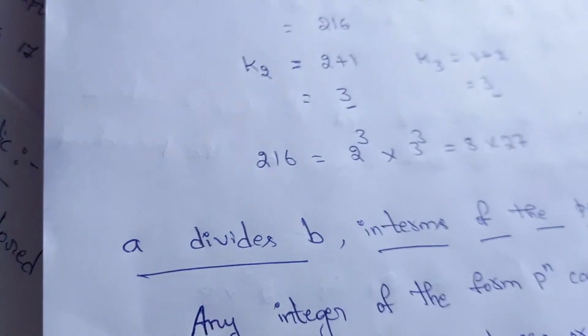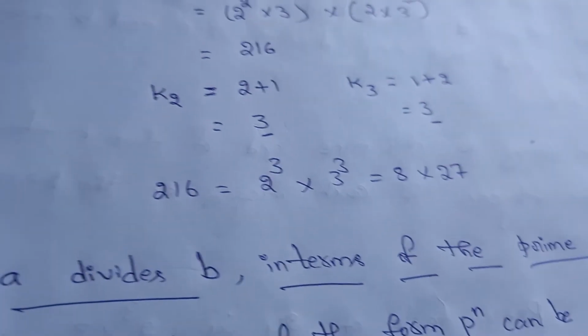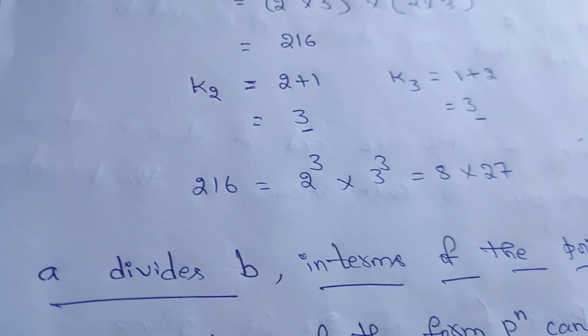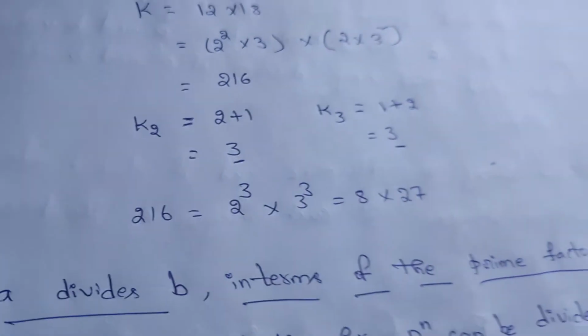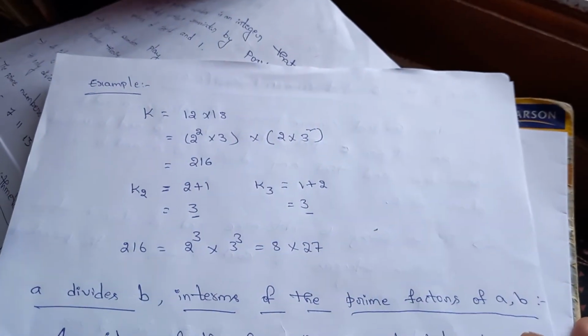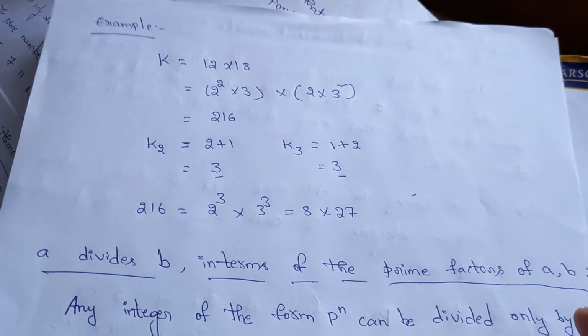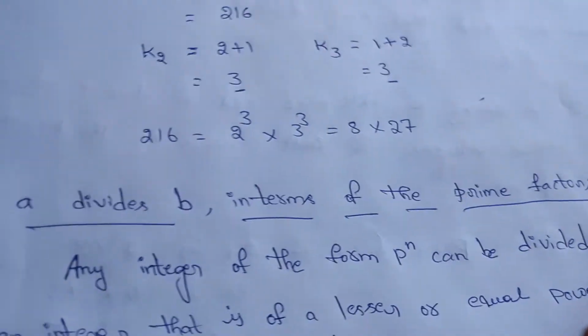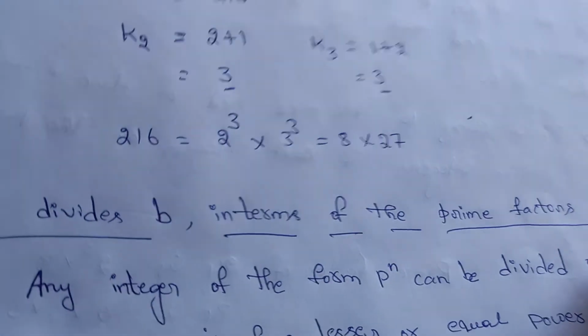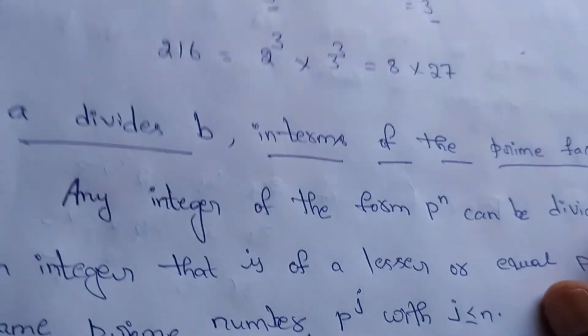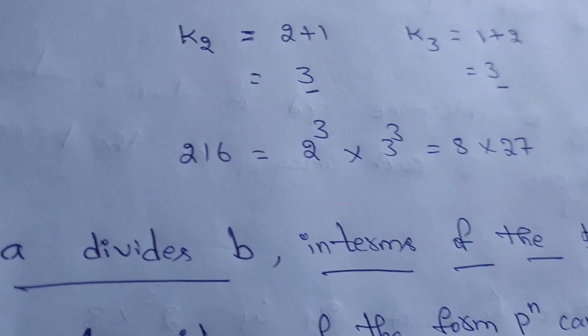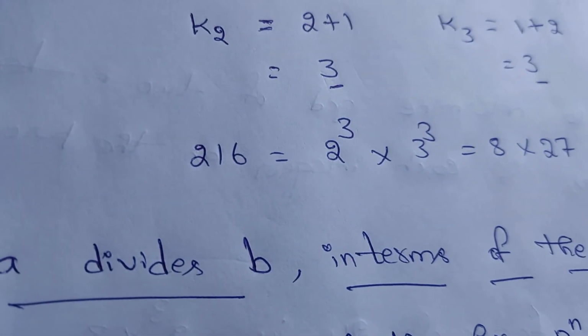Next, one more application of prime factorization: A divides B in terms of the prime factors of AB. The previous one was multiplication of two numbers; here it is the division of two numbers.